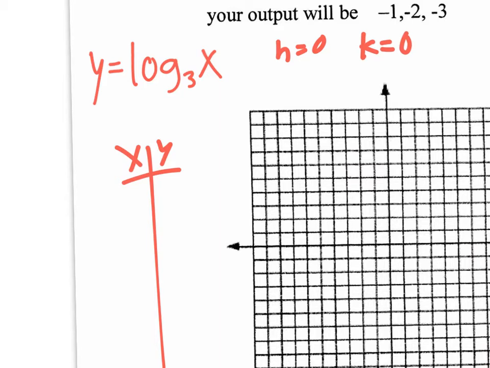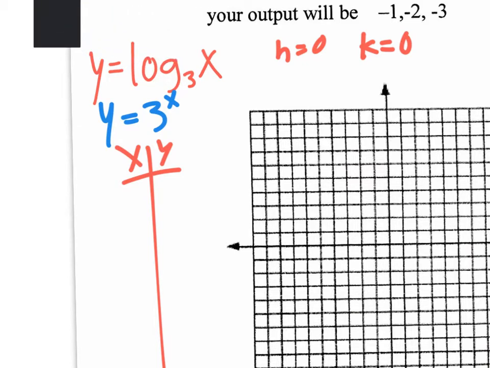It's simply y equals 3 to the x. So notice I covered up the log and it kind of looks like an exponential growth function. And since we know that the inverse of a log is an exponential growth function, I could simply cover up the log and pretend that it says y equals 3 to the x. Does that make sense?